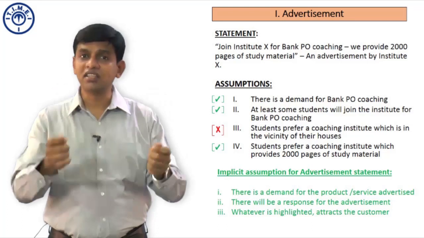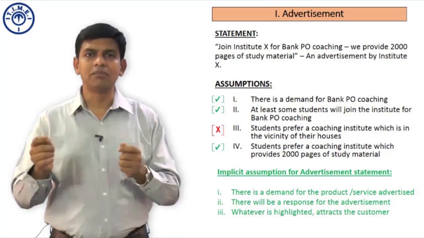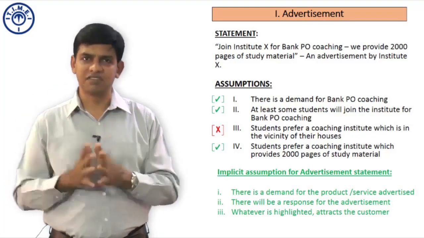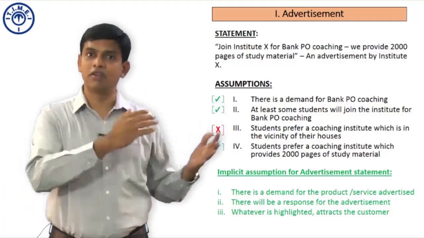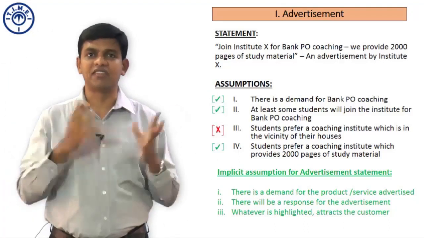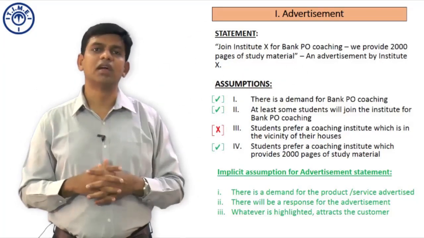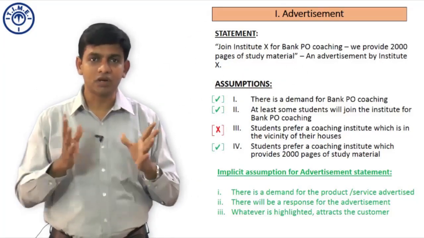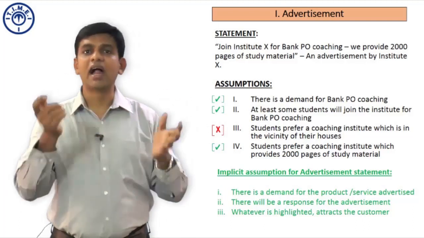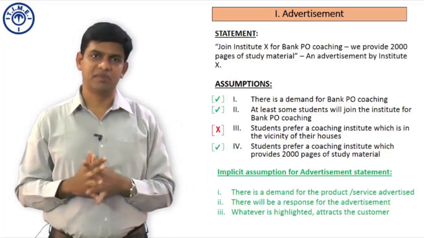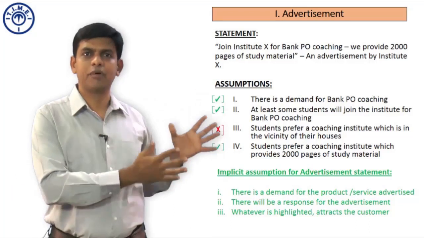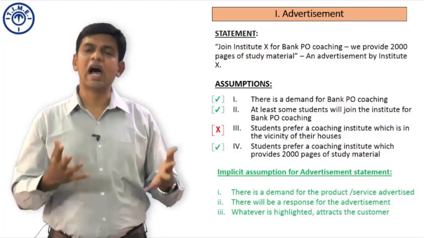That the customers would prefer something where there is fuel efficiency. That is the highest, according to Maruti, that is the highest preference that a person would give, and hence that is what goes in most of its advertisements. So clear? Something which is highlighted attracts the customer according to the speaker. So this is an example of a standard statement called advertisement.